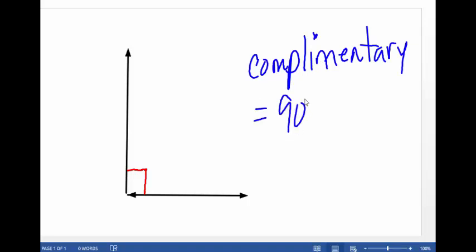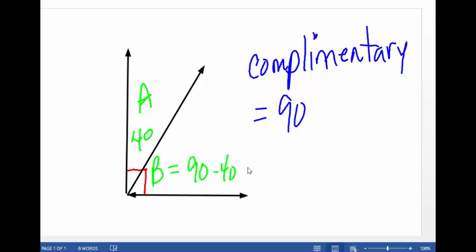So if we had one more here, with 40 degrees here, and this is angle A and this is angle B, we could say that B is 90 minus 40, which would equal 50 degrees. And that would make them complementary angles. They add up to 90 degrees. And please make sure all of this is in your notes before you begin today's lesson.